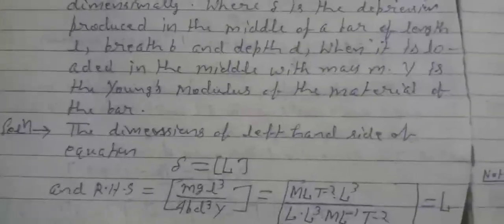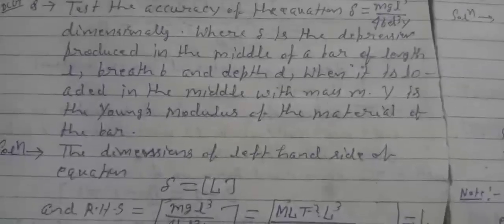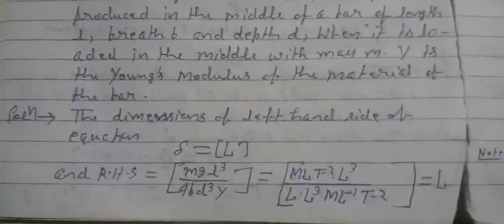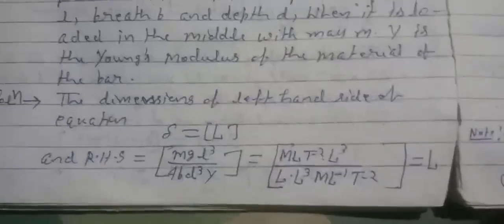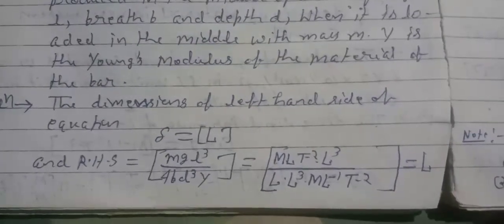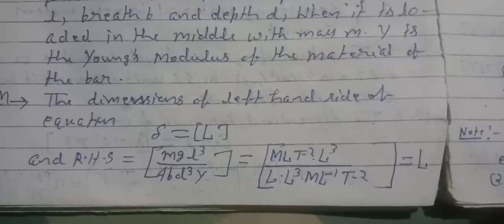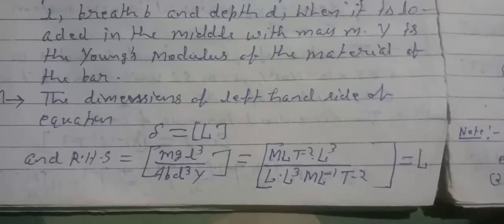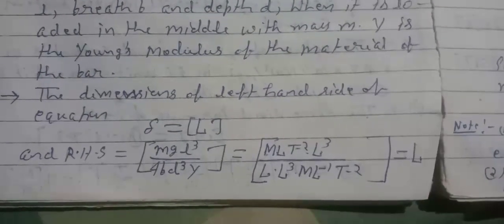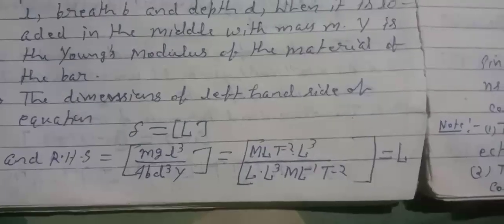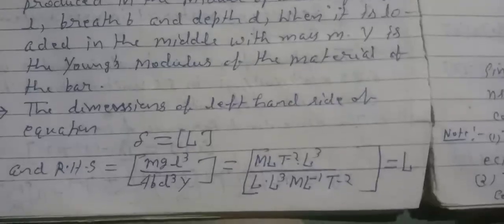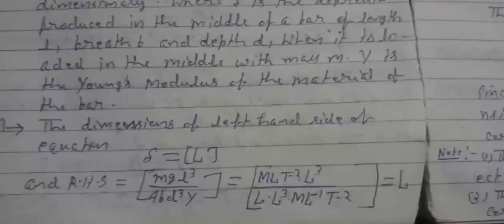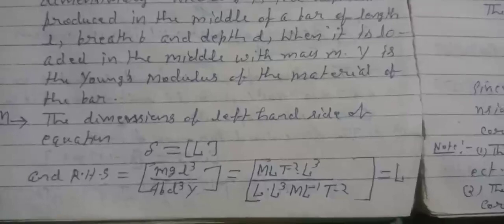Here the dimension of left hand side of equation delta equals to L and RHS is mg L cube by 4b d cube Y. Now dimensional formula of mass is M, g is L T minus 2, into L cube by L into L cube, M L minus 1 T minus 2, equals to L, because dimension of LHS is equal to dimension of RHS. So the above equation is dimensionally correct.